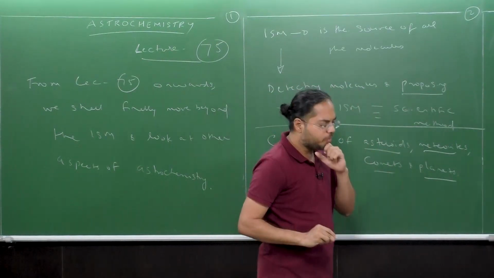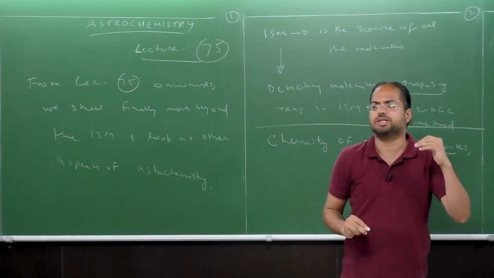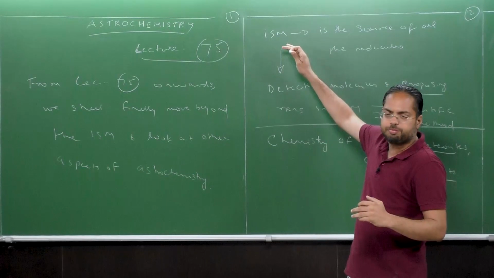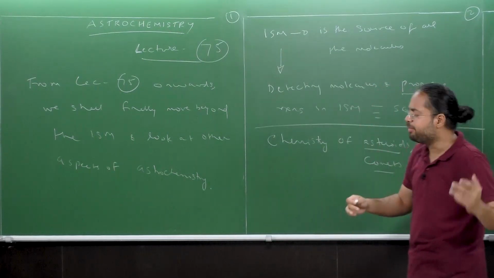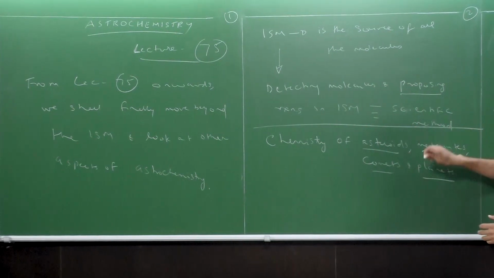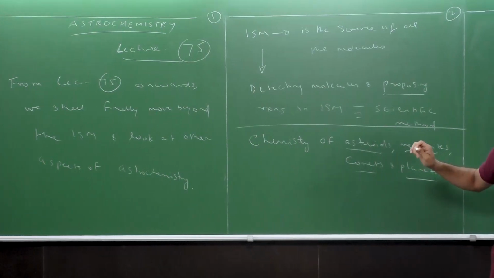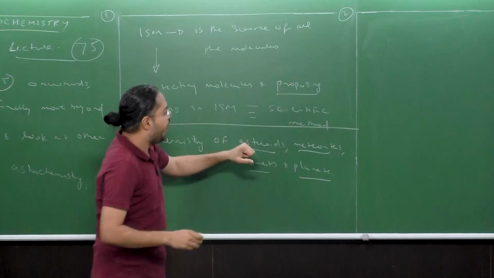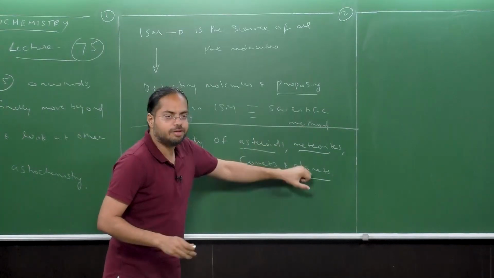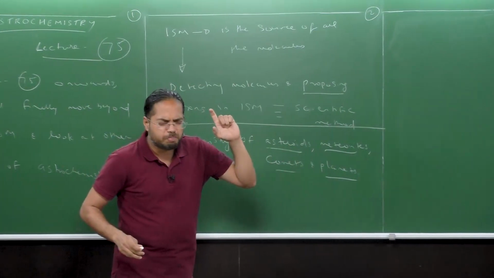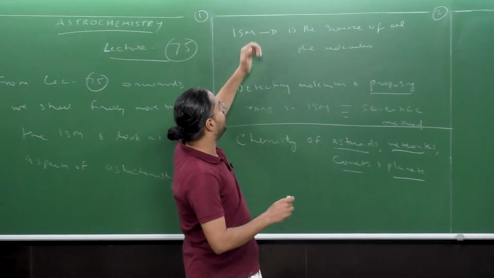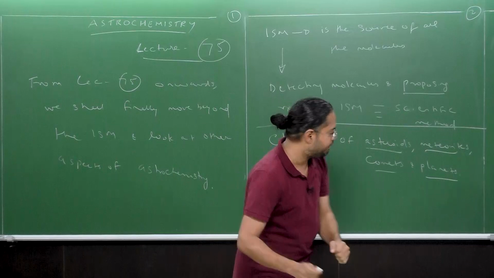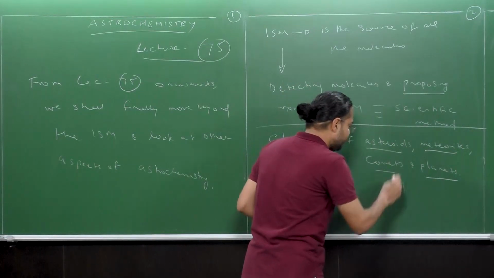All right. Now, one very key distinction between the chemistry that is proposed in the ISM versus the chemistry that is part of the asteroids, meteorites, comets, and planets, is that from all these different sources, that is from asteroids, meteorites, comets, and planets, the biggest advantage that we have vis-a-vis the chemistry of the ISM is that we can get physical samples.